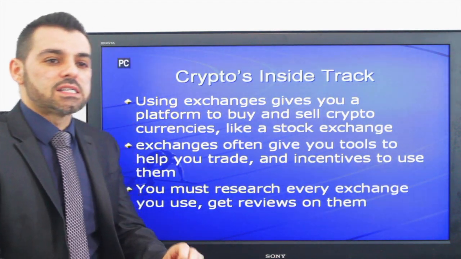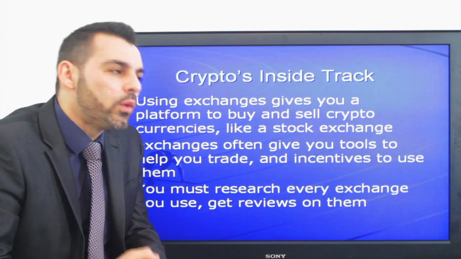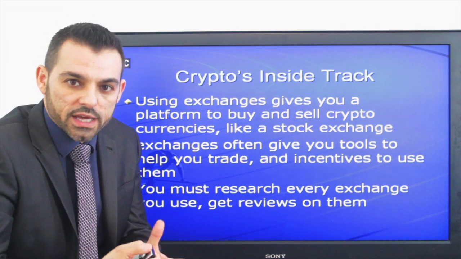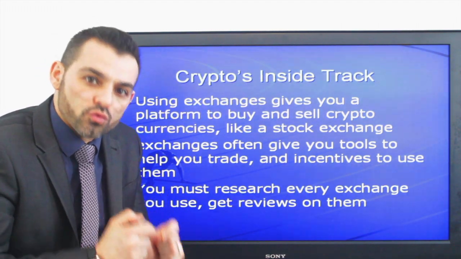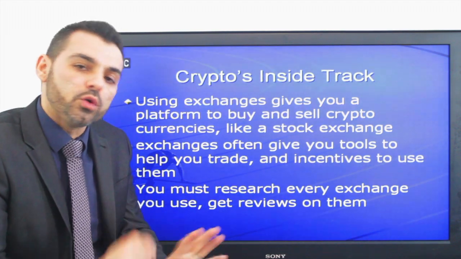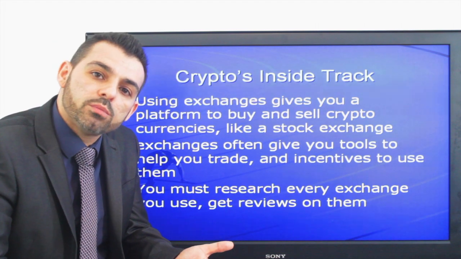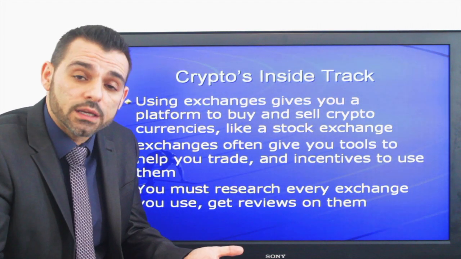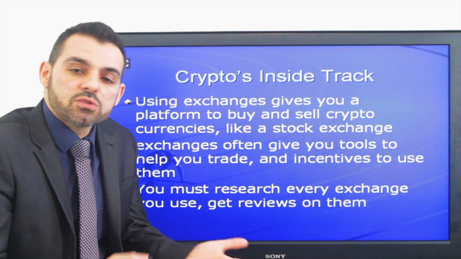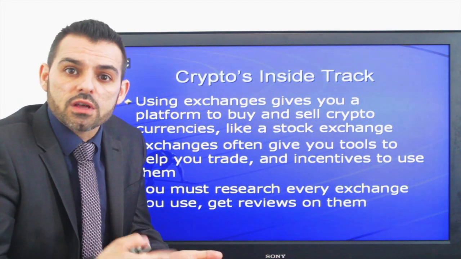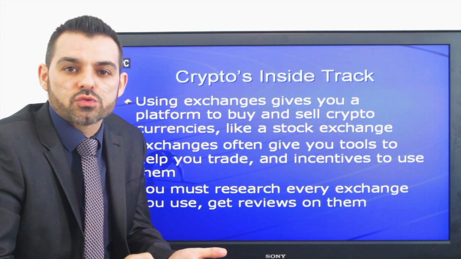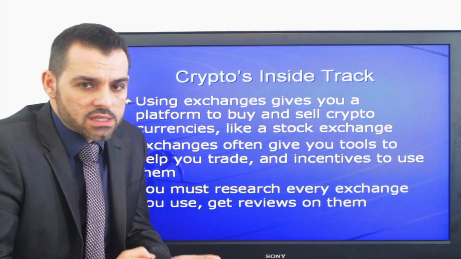However, and this is a real key point, and you will always hear me say this over and over again, do your research. Before you sign up to anybody, do you know anybody that's used them? What are some of the problems they've had, if they have had any? Sometimes there are going to be problems, but how quickly were those problems resolved? Was it an easy transaction?